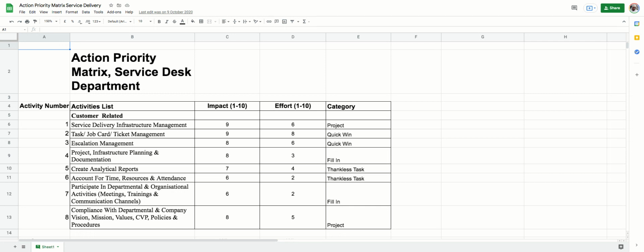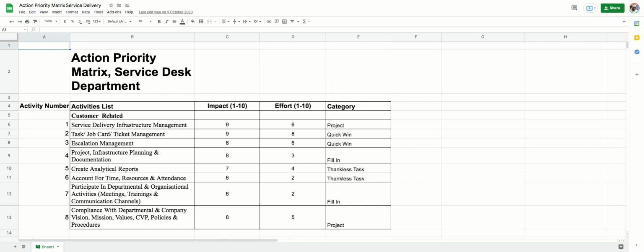Projects, on the other hand, fall in the medium to high impact, but also medium to high effort. Fill-ins may float somewhere in between, so medium or medium to low impact and medium to low effort. And lastly, thankless tasks also fall in the medium to low impact and medium to low effort. So those are our 4 categories.